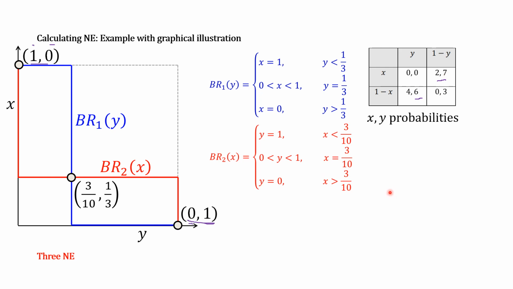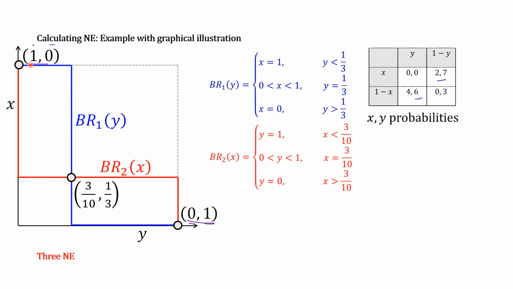That's because when we applied the principle of indifference, we assumed that for agent 1, both up and down were in the support of its Nash equilibrium strategy, and likewise both left and right were in the support of agent 2's Nash equilibrium strategy.